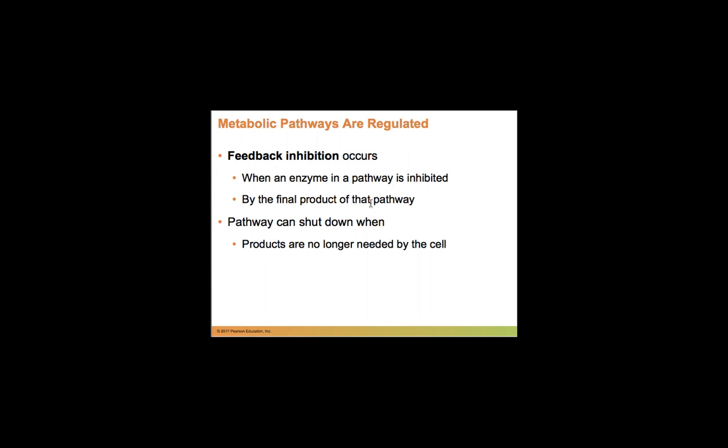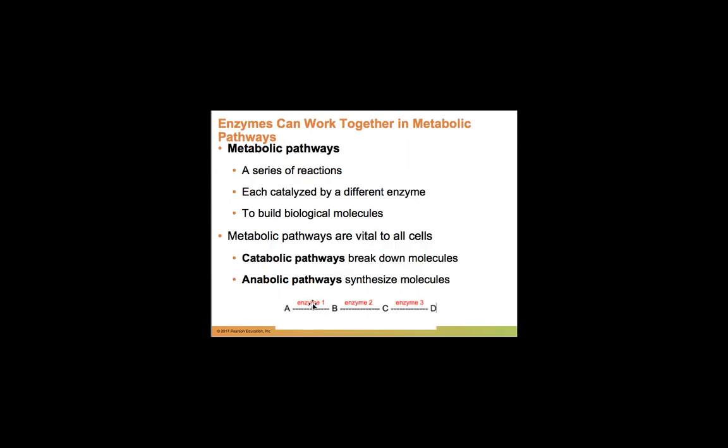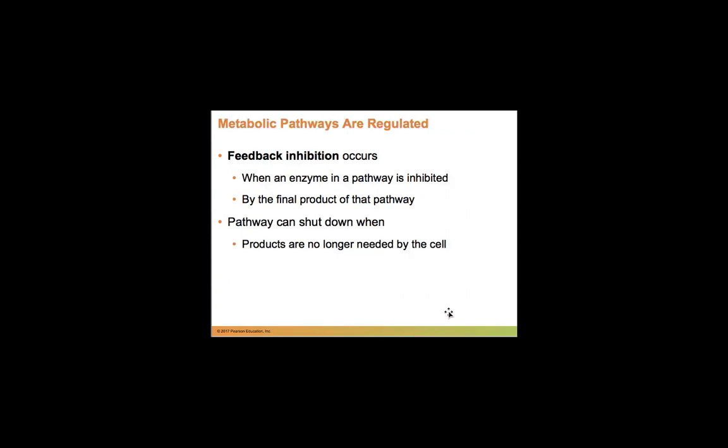That end product of the pathway, so let's say it's glucose, will go back to the first enzyme, bind to that enzyme, and inhibit it. So if this enzyme can't work, we won't get this product. Then we won't get that product. And then we won't get our last step of just that single sugar. That would be feedback inhibition. Feedback inhibition, your end product is going to inhibit an enzyme.